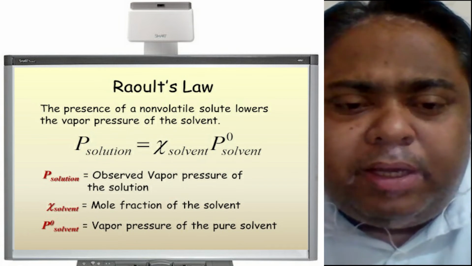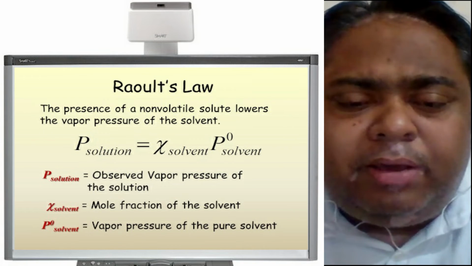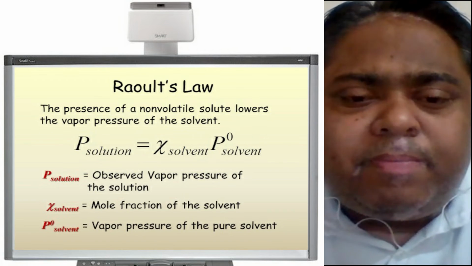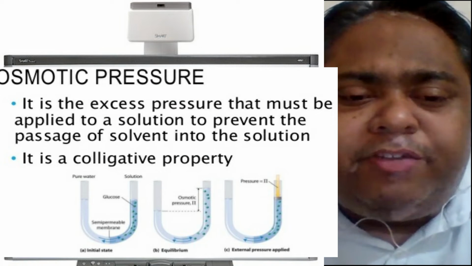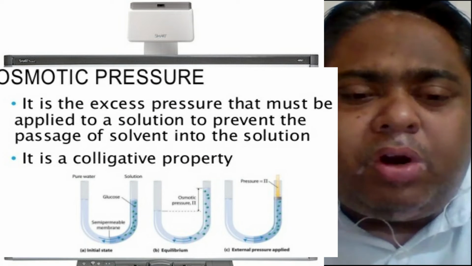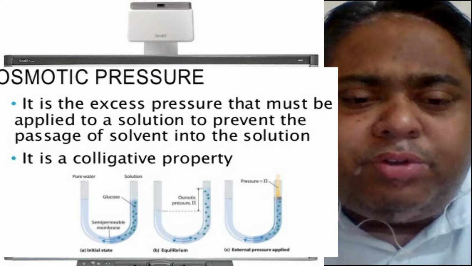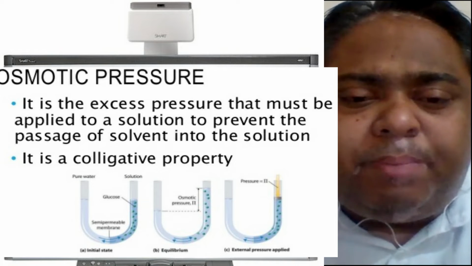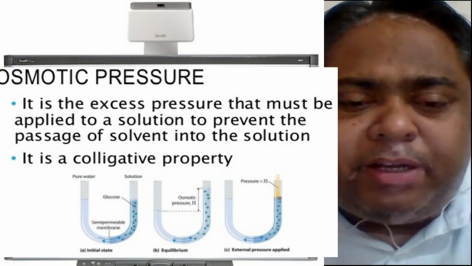This increase or decrease in the partial pressure by adding solute in the solvent is one of the properties which we call colligative properties. Colligative properties of a solution are the properties which depend upon the number of particles in the solution, not the nature of the particles.